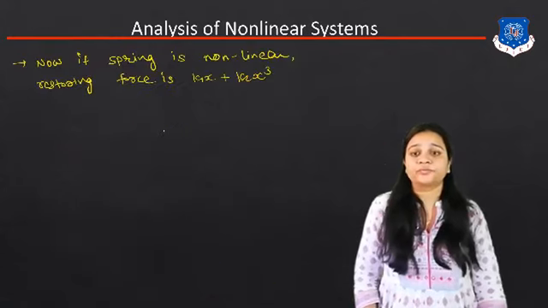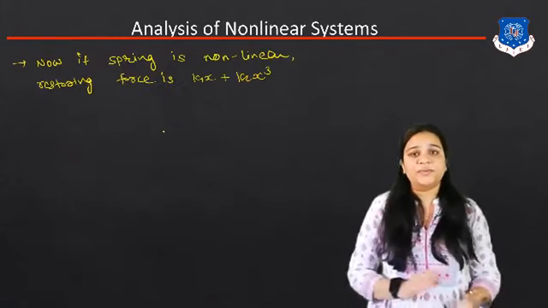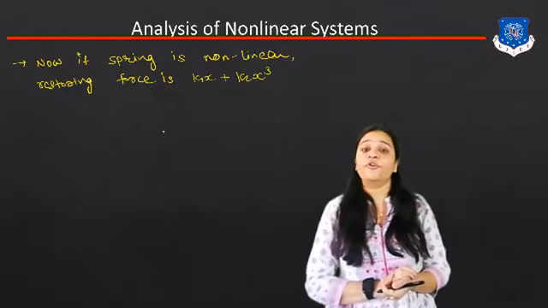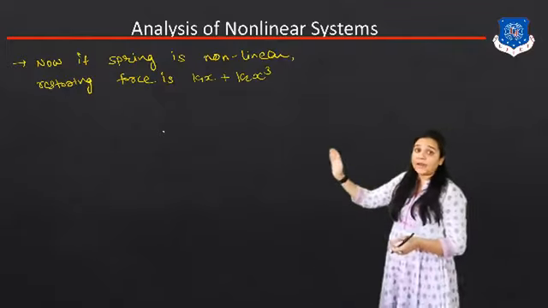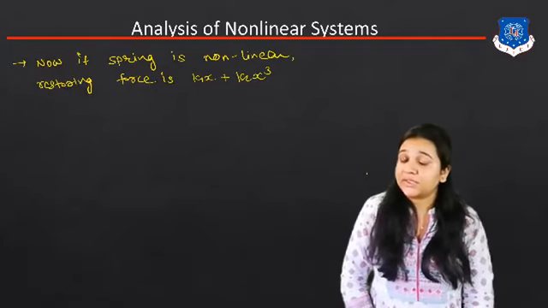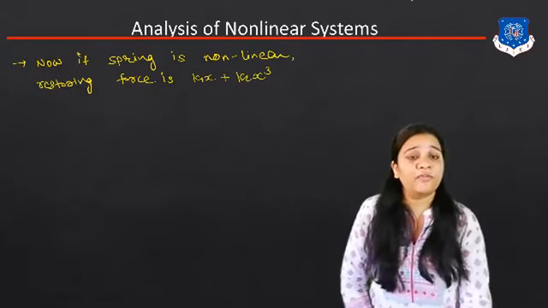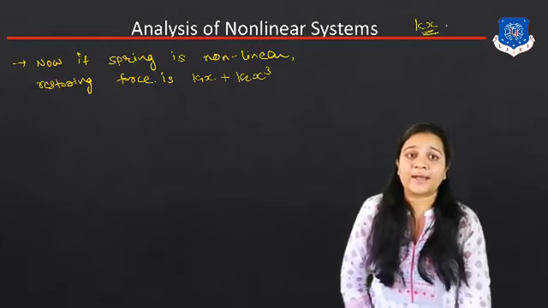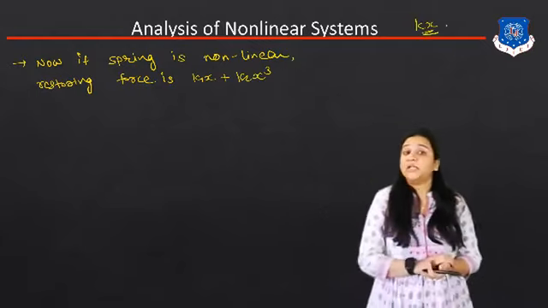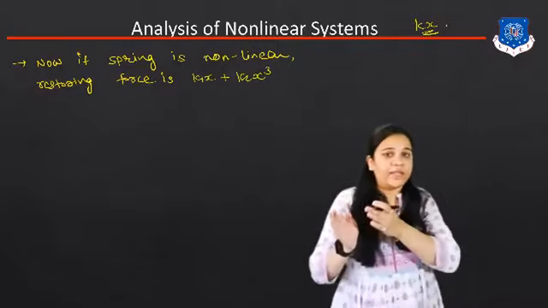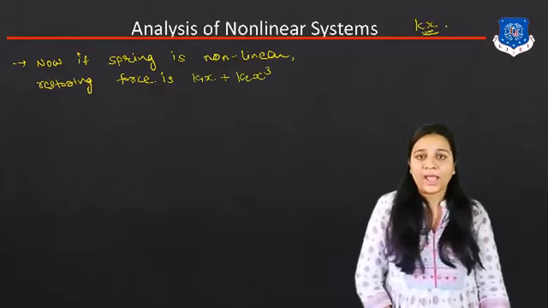Now if the spring is non-linear, the restoring force is K1x plus K2 x cube. Up to now, if the system is linear, we simply write the equation for the spring as K into x, but if the spring is non-linear, the equation of the spring becomes K1x plus K2 x cube.